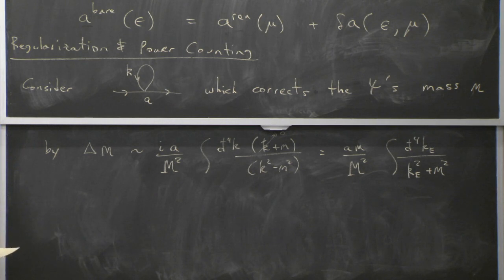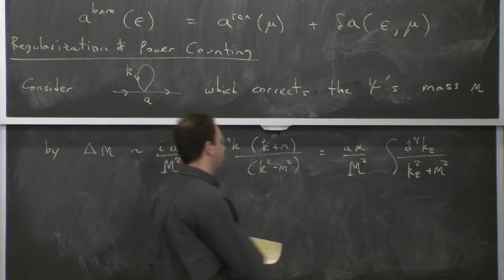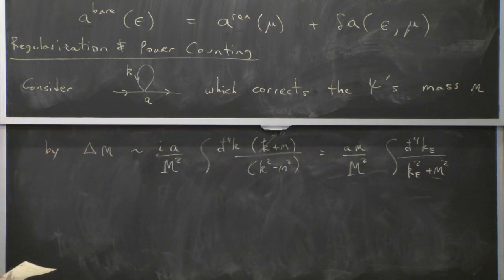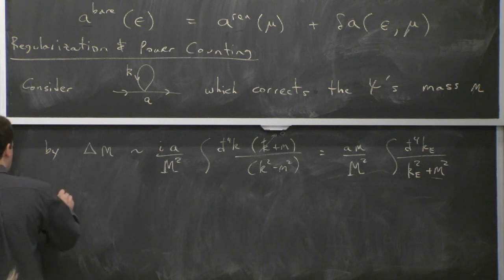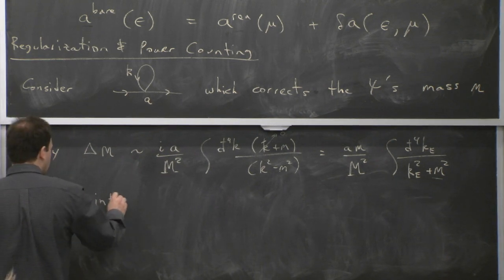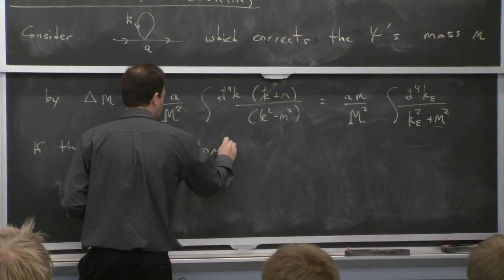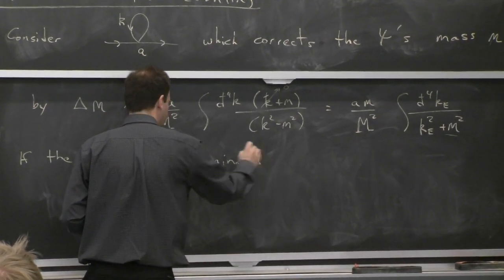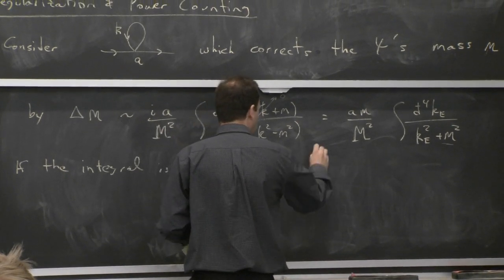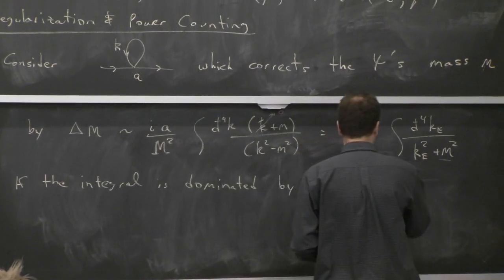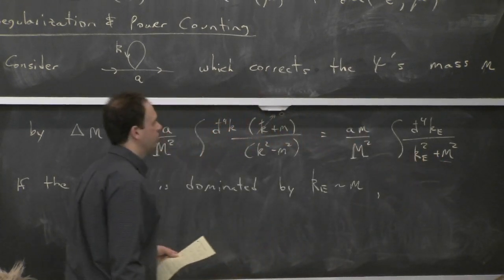If we just assume that this integral that's sitting there, there's only one mass scale that seems explicit there, the little m. If we just assume that the integral is dominated by the scale little m, then you could do a power counting for this loop integral.